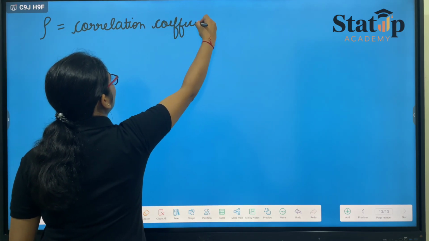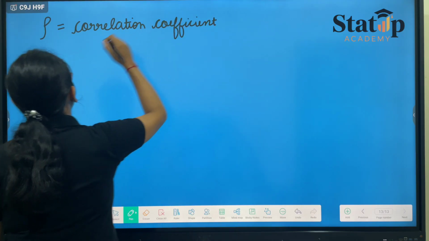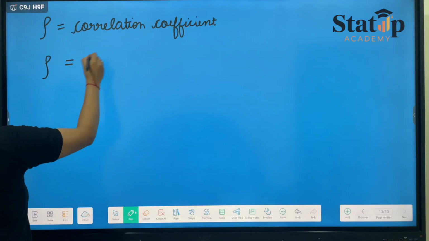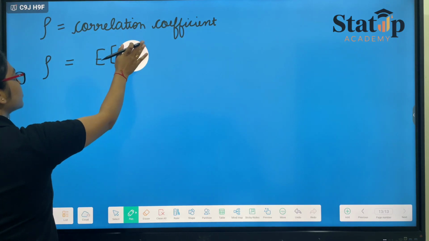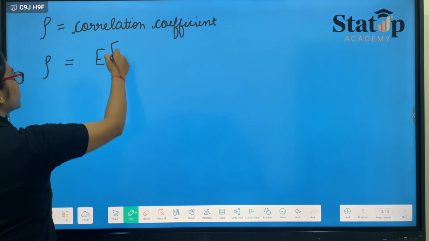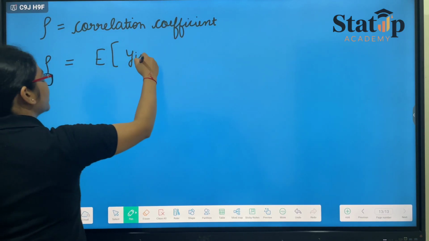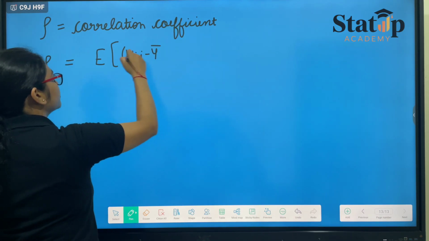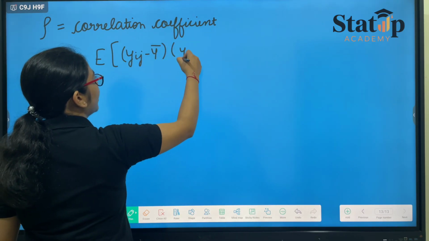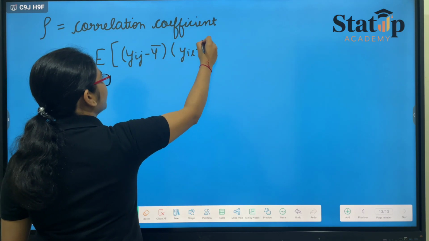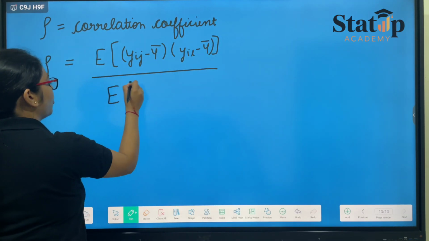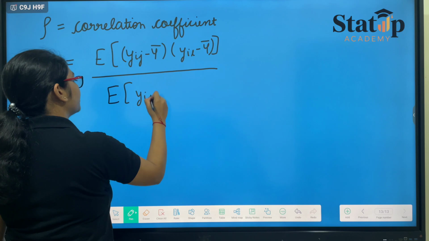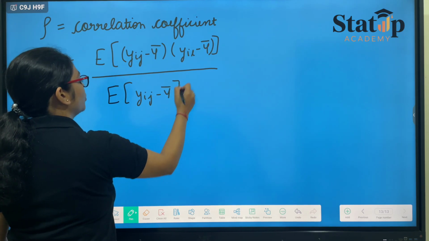The formula for correlation coefficient is rho equals expectation of (yij minus y bar)(yil minus y bar) upon expectation of (yij minus y bar) whole square.